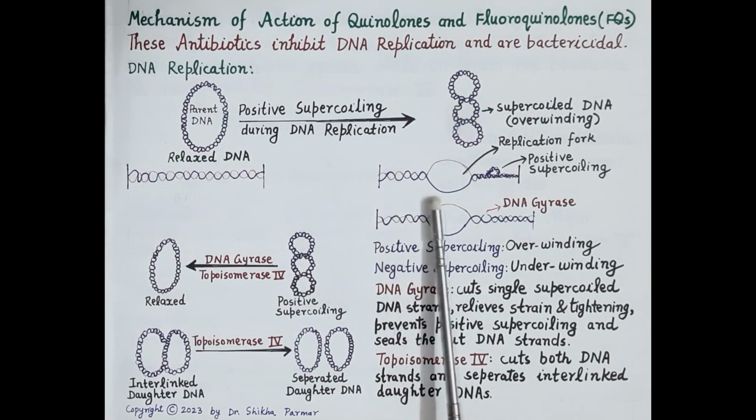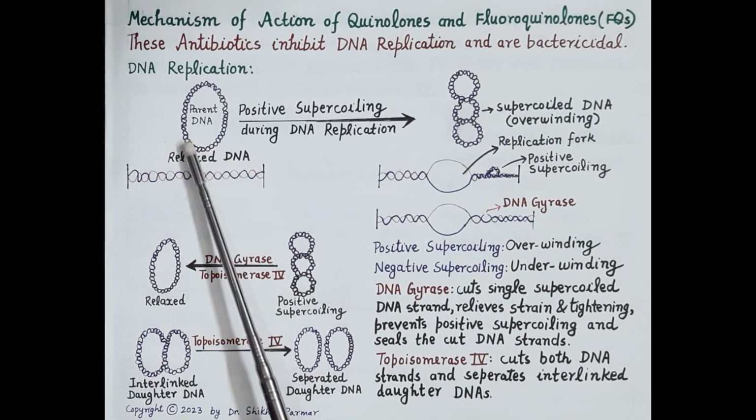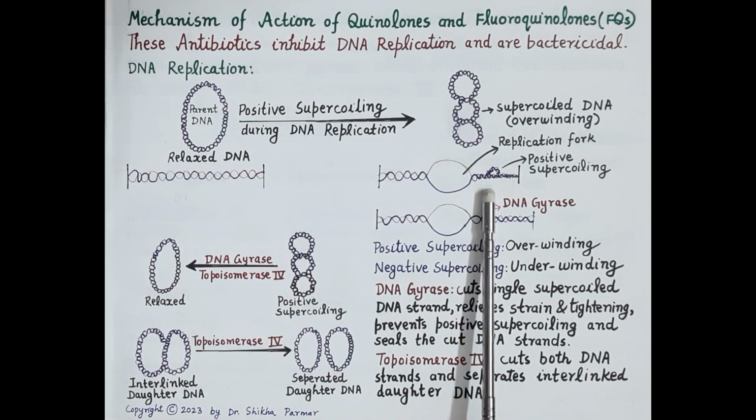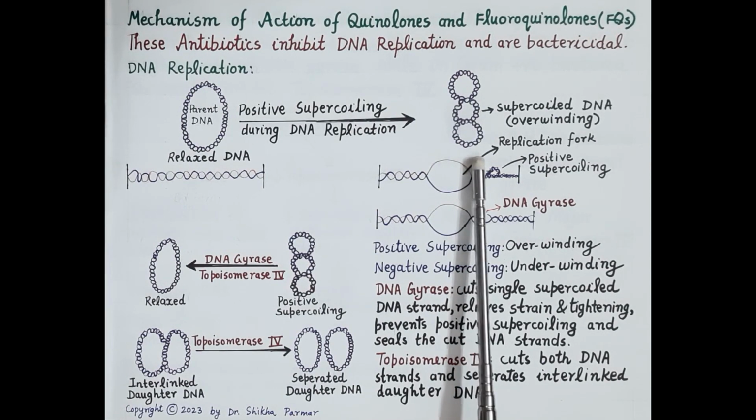Now this is only a segment of DNA. If we look at the complete circular DNA, this tightening or overwinding of the DNA causes twisting of the DNA. So here is shown the twisting of DNA. The DNA twists around itself, and this coiling is called supercoiling.